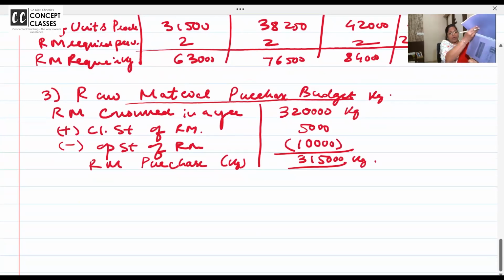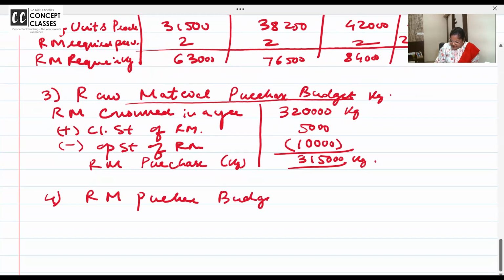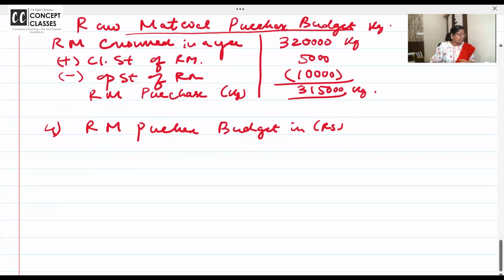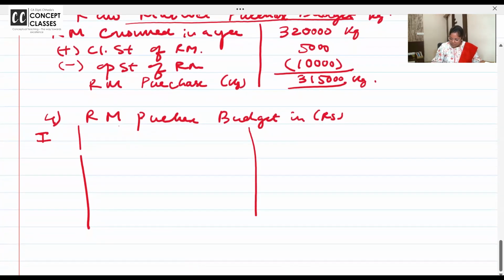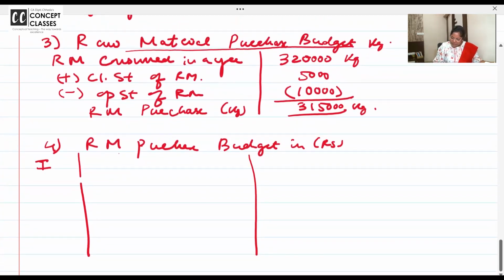Same they have asked now in rupees. Exactly the same problem can come for 10 marks. Raw material purchase budget in rupees. Now for purchase, they have clearly said in the question that the whole purchases is done in 3 quarters at what rate. So according to that, we can decide. First quarter, how much you have purchased?